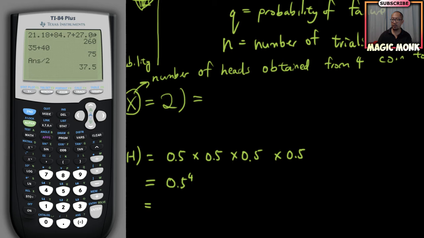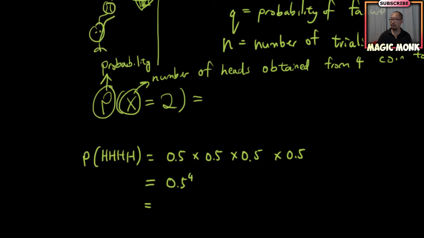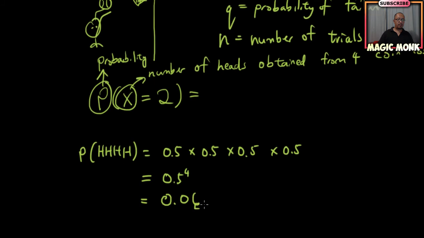So if we type into the calculator 0.5 to the power of 4, we get 0.0625.